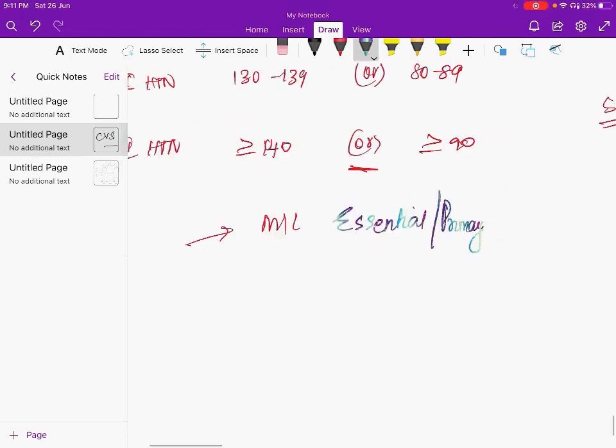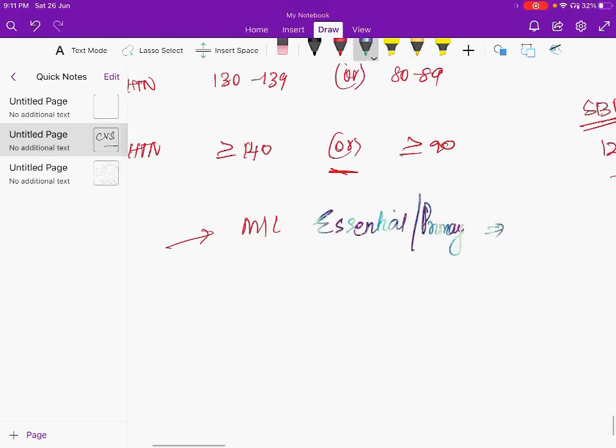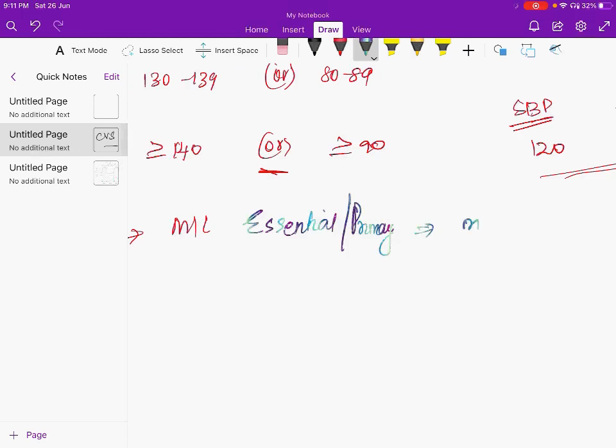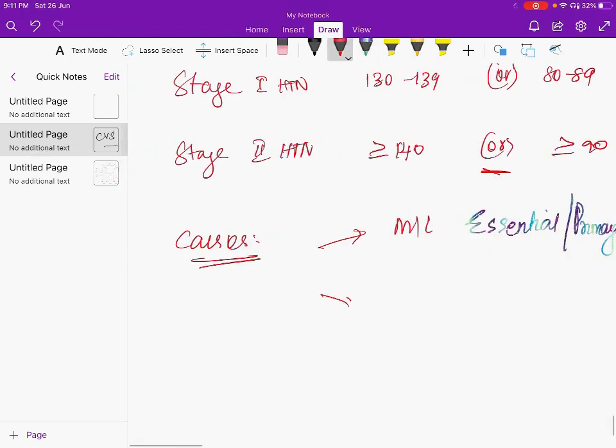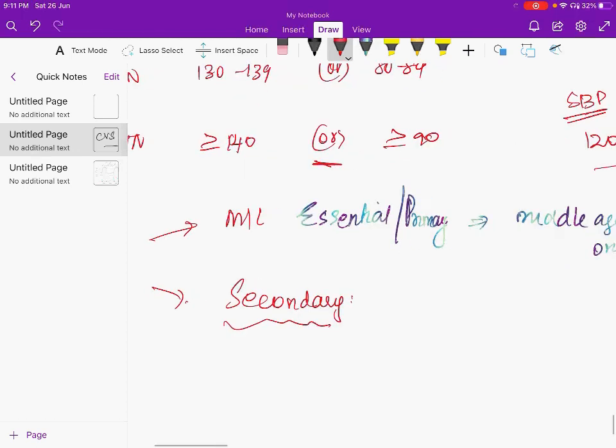This is usually middle age in onset. To call it essential hypertension, the secondary causes have to be ruled out. What are the secondary causes of hypertension?